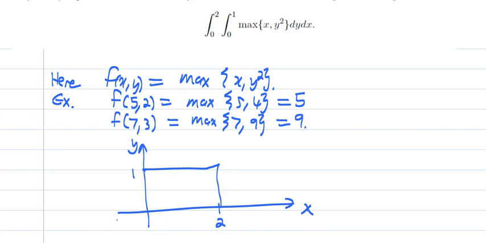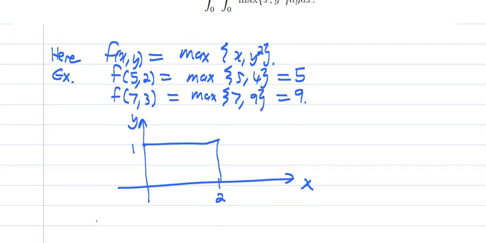So what would be a good starting point? A good starting point would be to draw when they're equal, so when x equals y squared. Let's start off by drawing when x equals y squared.